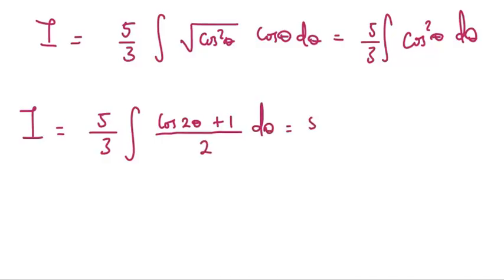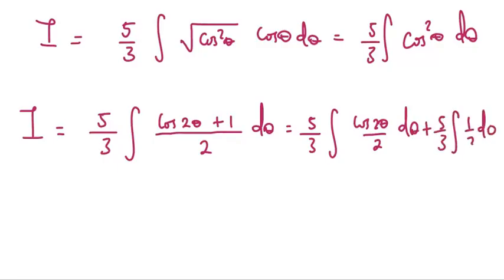And when we split, we get 5 by 3 the integral of cosine of 2 theta divided by 2 d theta plus 5 by 3 the integral of one half d theta.